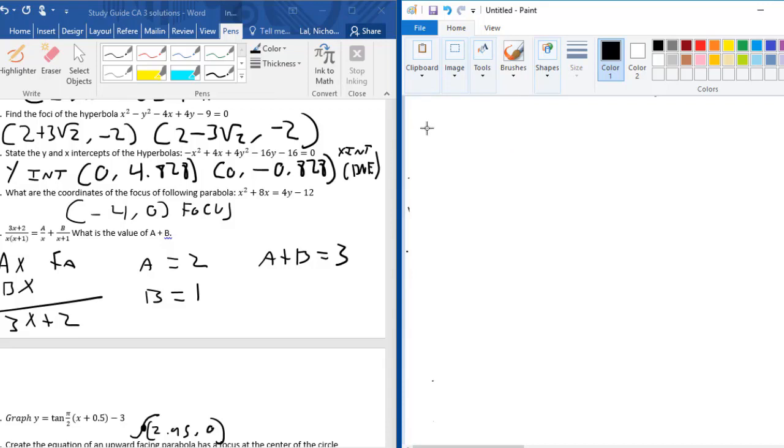This is number 17. So the initial problem is written as negative x squared plus 4x plus 4y squared minus 16y minus 16 is equal to 0.